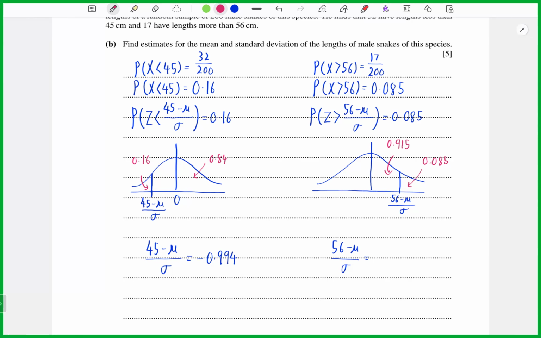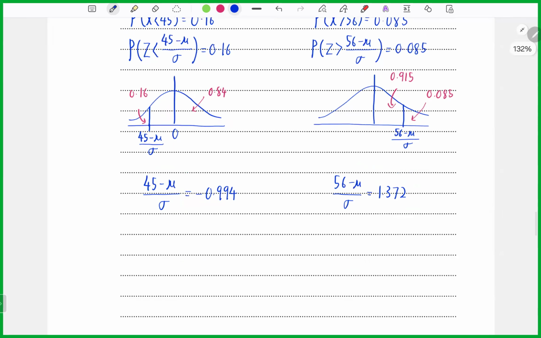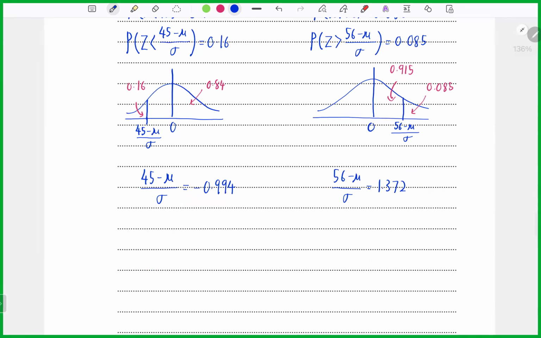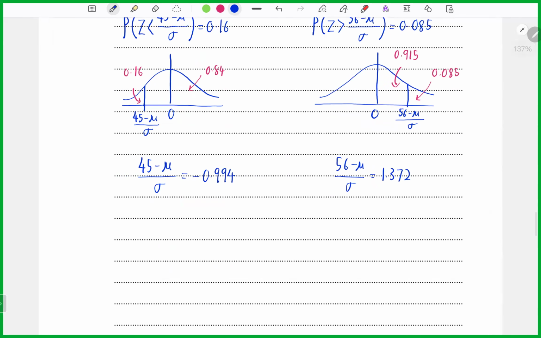So H is 3, so we take 1.372. You don't need to put the negative because it is more than 0. All right, so you already get these equations, right?